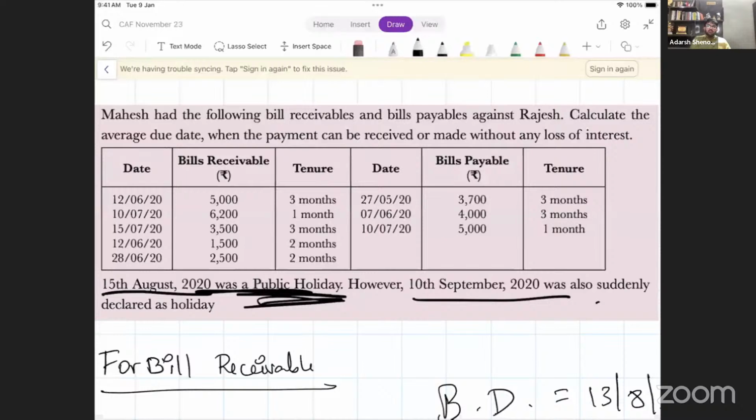Remember 2-3 days as public holidays. One is 15th August. 26th January. 2nd October. Remember these 3 days as public holidays. If it's 25th December, Christmas, that is also a public holiday every year. That also you can assume, but whatever assumptions you're making, just give a note in the exams.